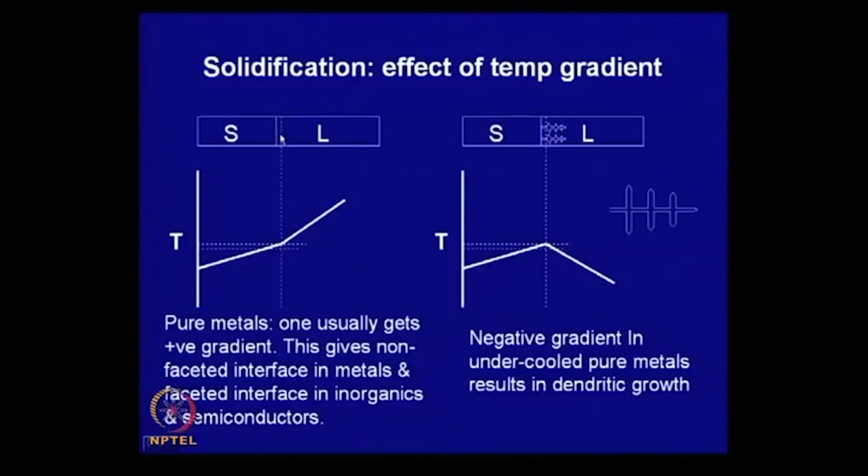Therefore, any bulge formation in this kind of gradient is impossible. Whereas, if we pour in the mold a supercooled liquid, that means within the liquid this is the type of gradient you have, in that case this kind of bulge formation is stable, and that is reflected here, and this promotes dendritic growth.